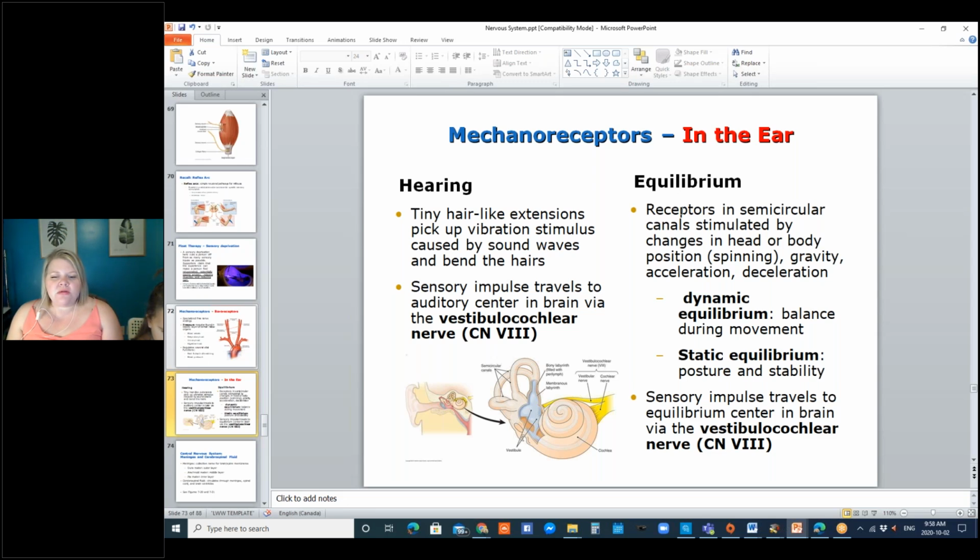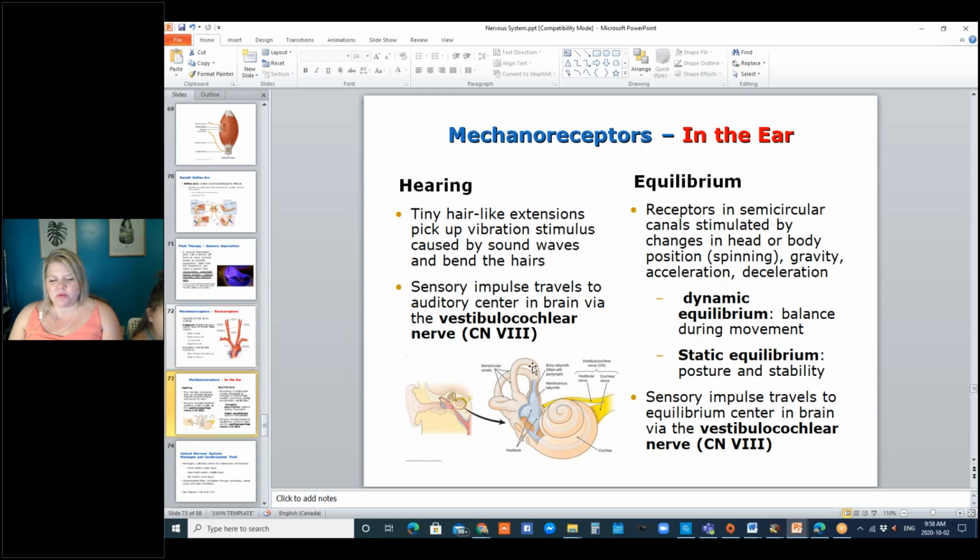Equilibrium is also managed or monitored in the ear. Receptors in the semicircular canal, that's this kind of wild roller coaster structure, are stimulated by changes in head and body position.